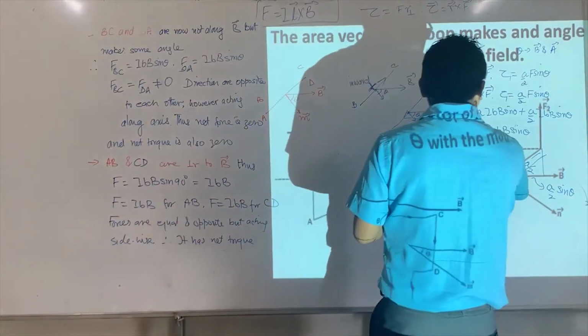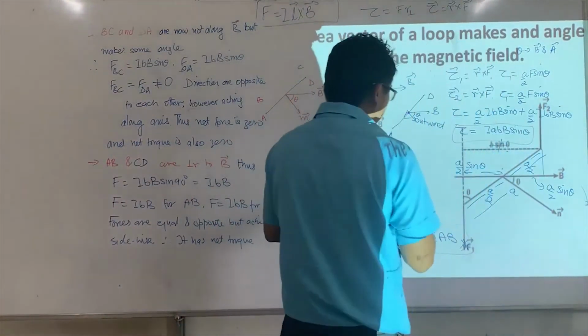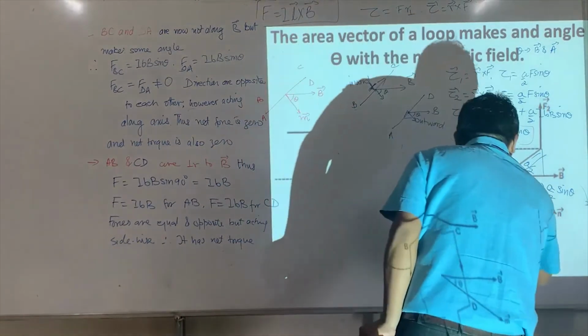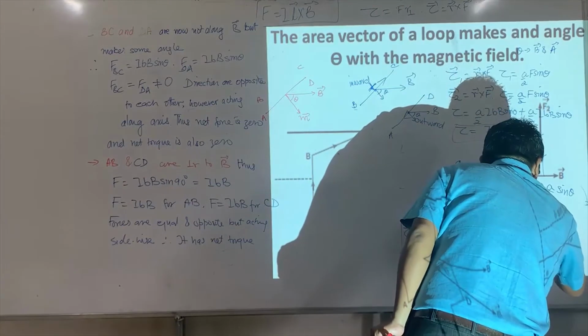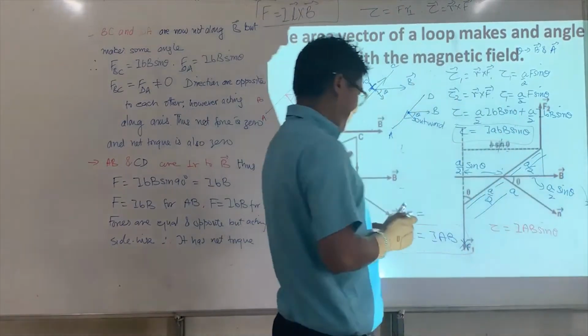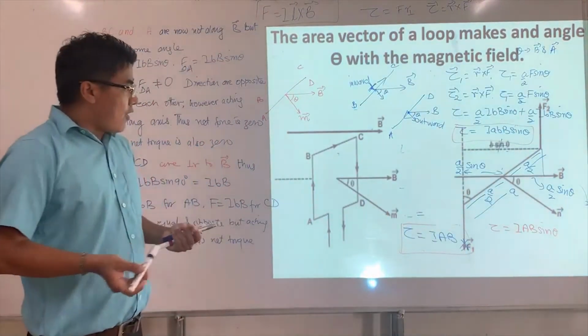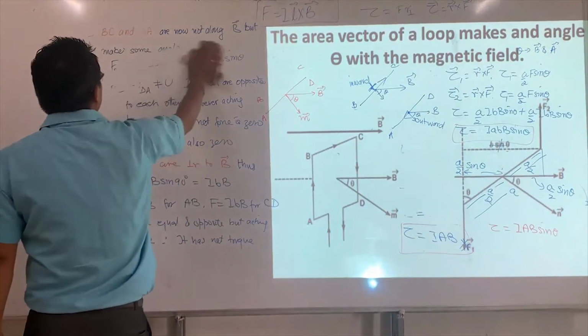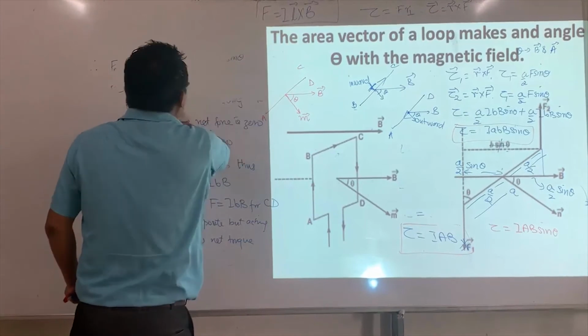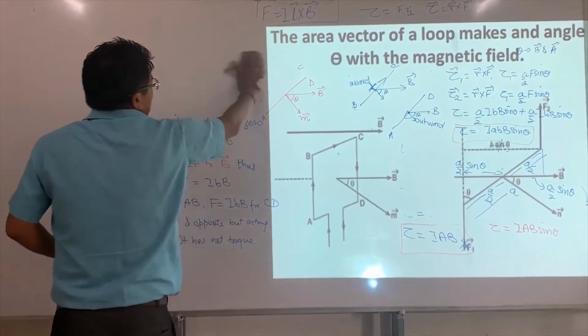So just say I have this. I'm going to just substitute this, IAB sine theta. Now I'm going to introduce a new concept, what we call as magnetic moment, right?